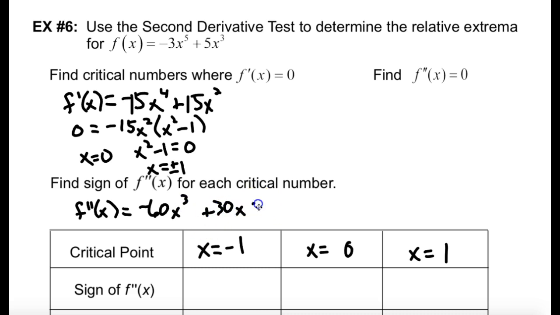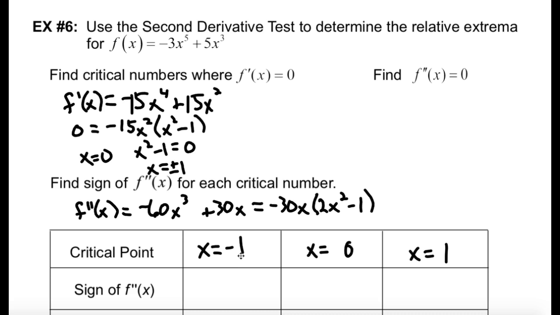And again, it might be easier to see what happens if I factor this and make this negative 30x times 2x squared minus 1. So now, what I want to do is plug each of these values into my second derivative. Okay, that's going to tell me whether my original function is concave up, concave down, or nothing is happening.